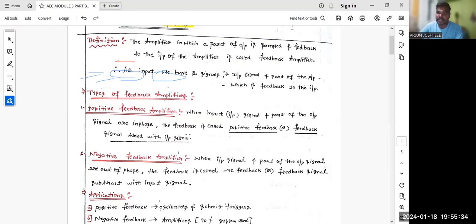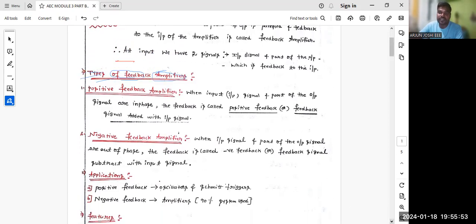I am going to show this with the help of some expressions. Whenever the feedback, whether voltage or current, is added with the input voltage, it is called positive feedback. If the output voltage is subtracted from the input voltage, that is, the feedback signal is subtracted from the input signal, that is called negative feedback.